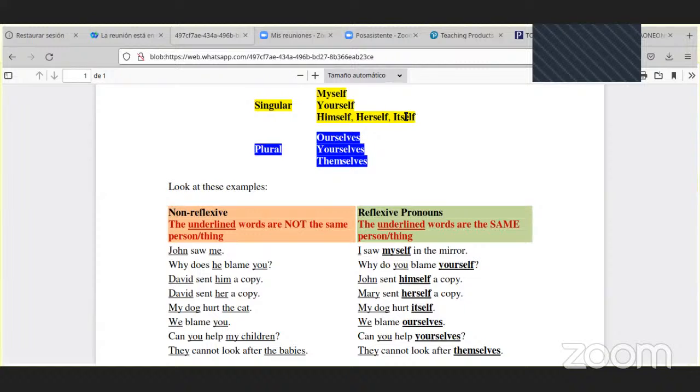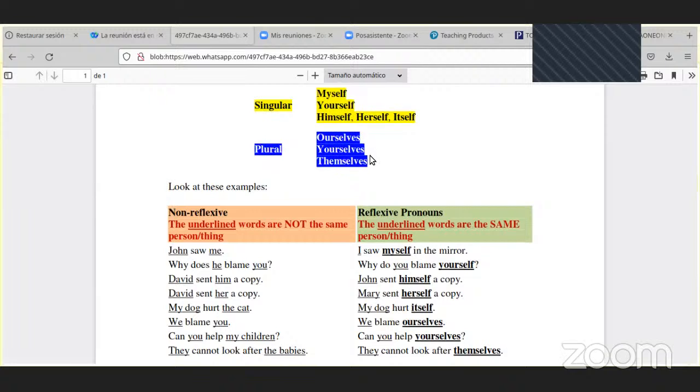So it comes from a subject pronoun. The plural also comes from a subject pronoun in plural, like ourselves, which comes from we, yourselves comes from you in plural, and themselves comes from they.